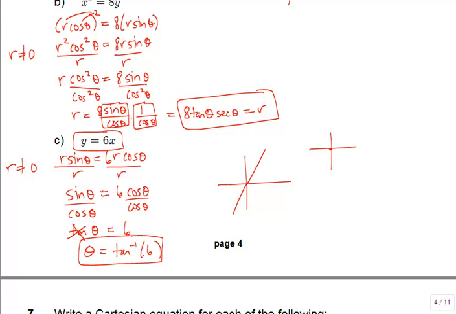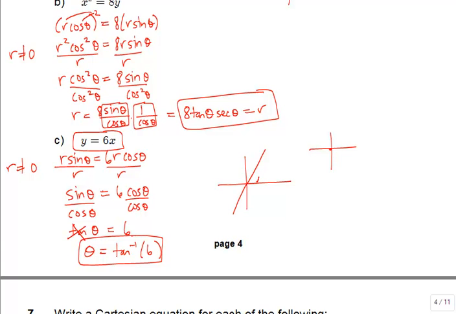Why would this be the same thing? Well, think about what it means. Inverse tangent of 6 is just some angle. We would have to use our calculator to actually figure out how many degrees or how many radians this actually is. But it's just an angle. So this is saying graph on your polar grid every point that has an angle that's equivalent to inverse tangent of 6, and since there's no r, r can be anything.